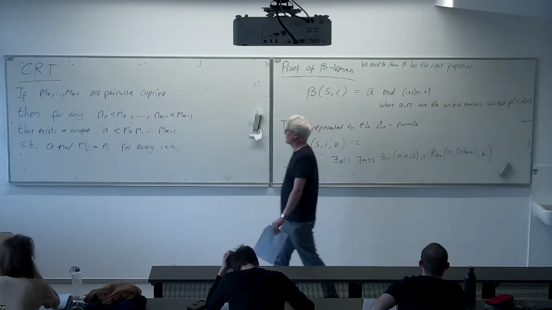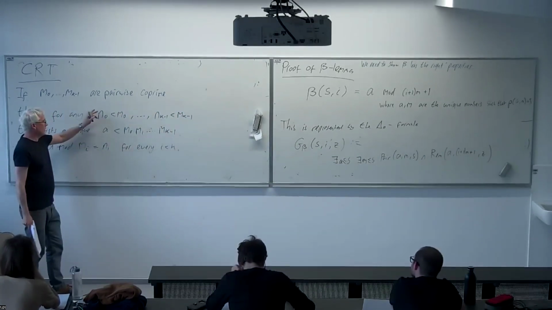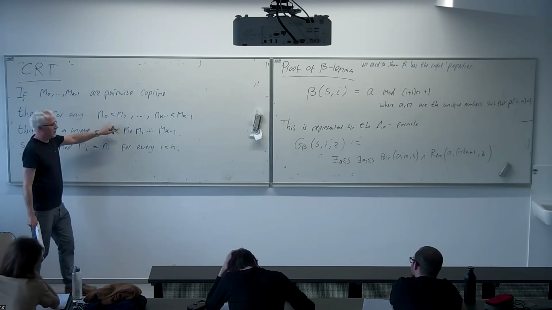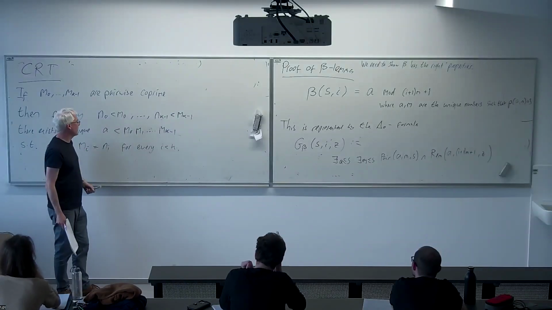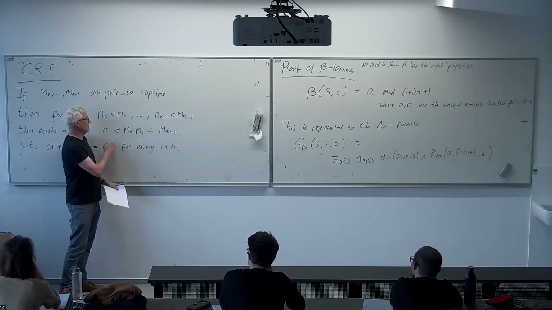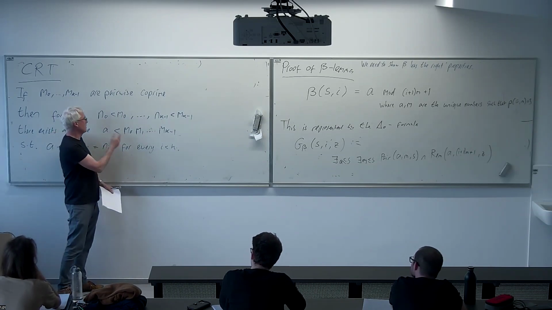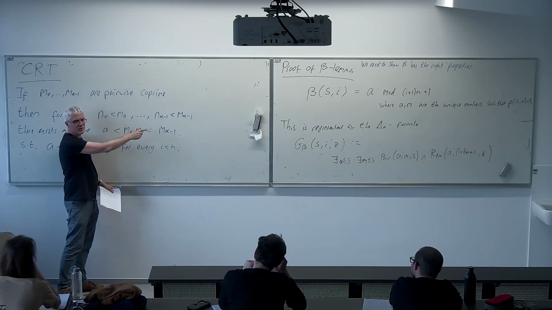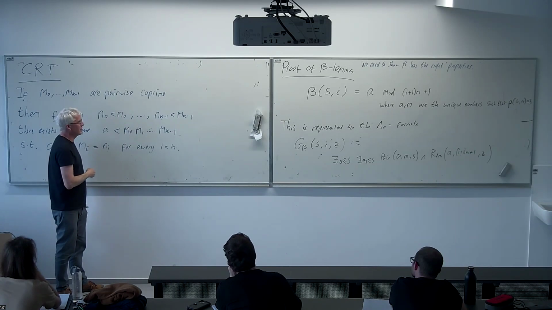The only difference really is that we're starting with an arbitrary sequence of numbers n0 to nk minus 1, and we want to be able to use this kind of recipe. So in order to apply the Chinese remainder theorem, from our arbitrary sequence we have to manufacture a sequence of pairwise coprime numbers that are large enough to contain the elements of the sequence we're given, and then we're done.